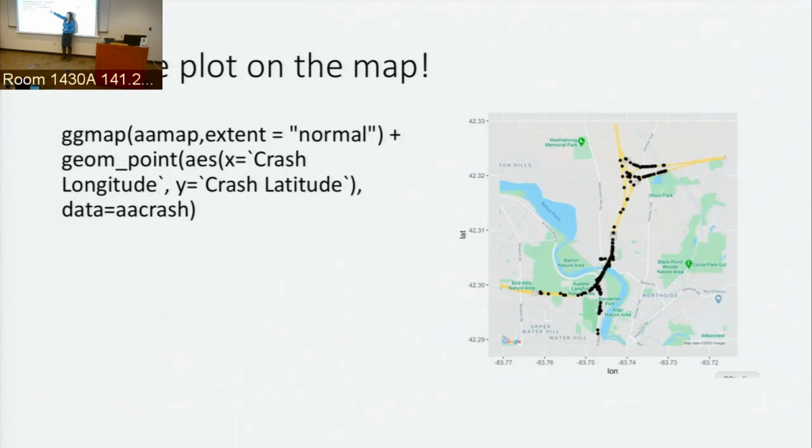After you do your aesthetics mappings, you're going to close the parentheses, do a comma, and then specify that the data you're using here is AA crash. And remember, we're doing this because we haven't called ggplot, right? We've started with ggmap, so it doesn't know yet what the data set is. So you can do that within the mappings of geom_point instead.